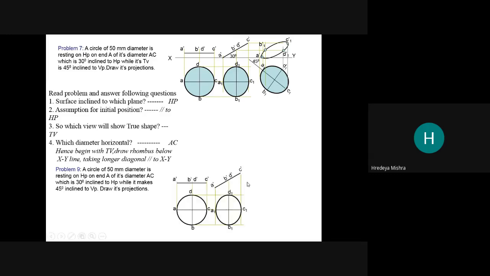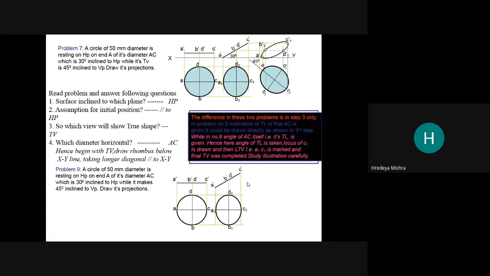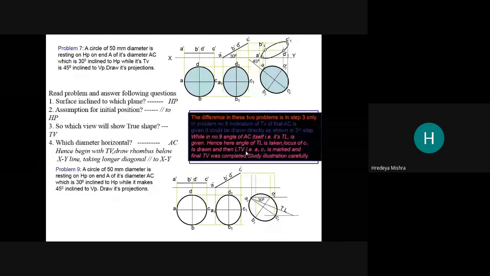What happened, why did I write this? The difference between these two problems is in the third step only. The first step is the same, there is no problem. This is the first step. The difference is only here, this 30 degree.